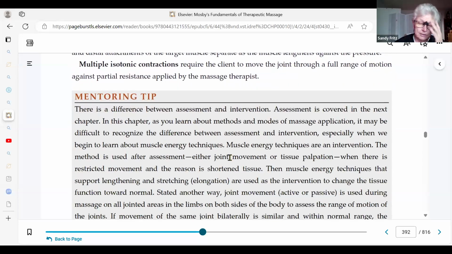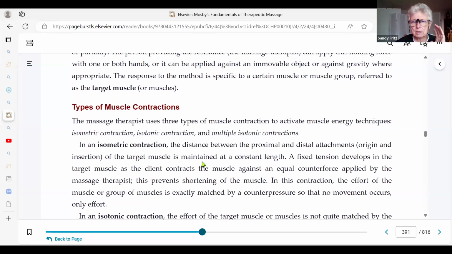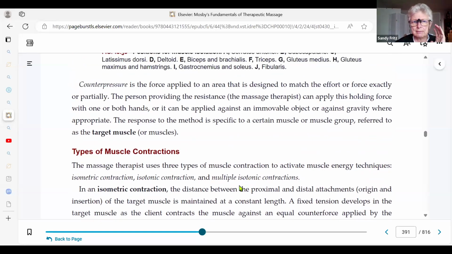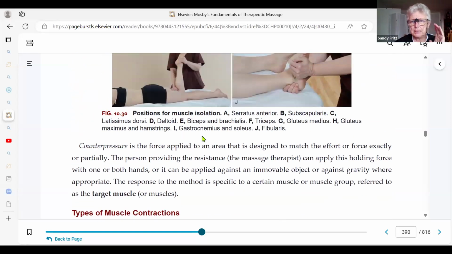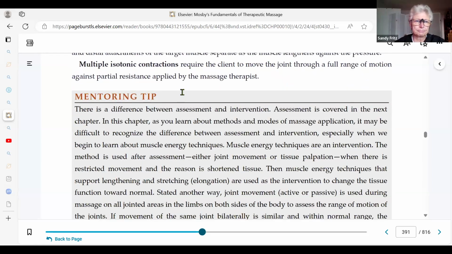You could find a generalized question about muscle energy technique on the MBLEX exam. This is oftentimes a methodology that is provided beyond entry level. It is so valuable in terms of an intervention that we feel it's important to include it at entry level. And that's why it's here in the textbook where it is.